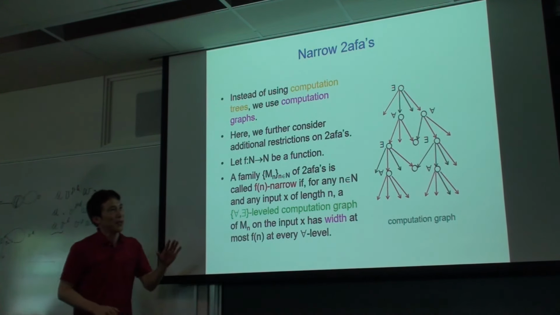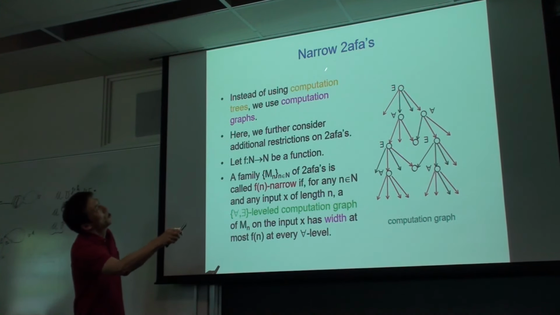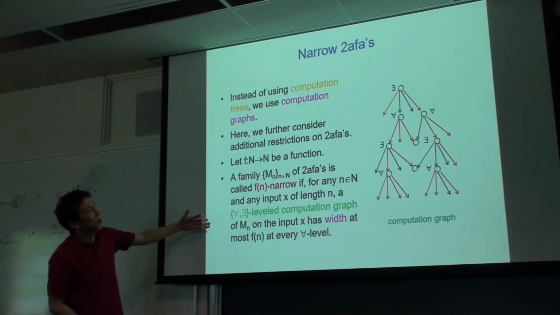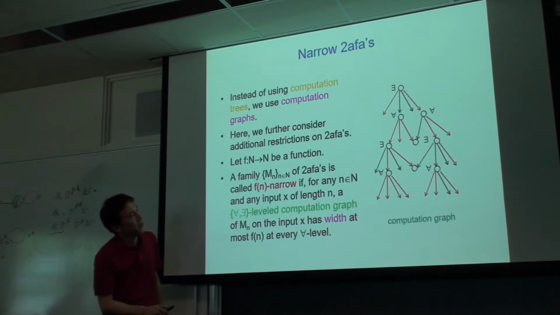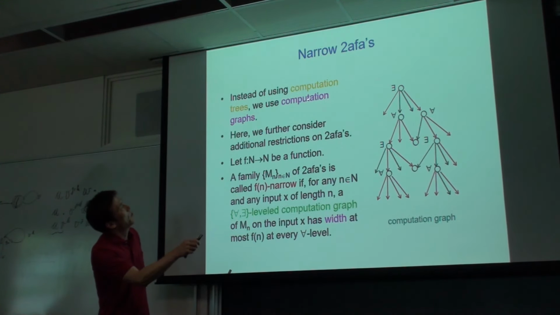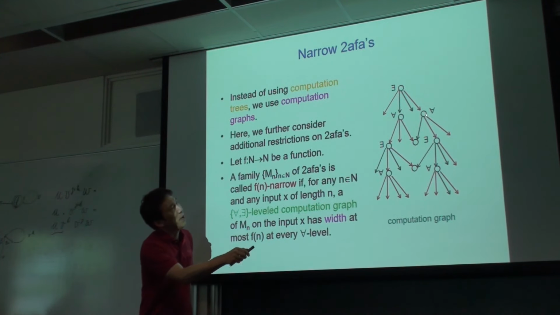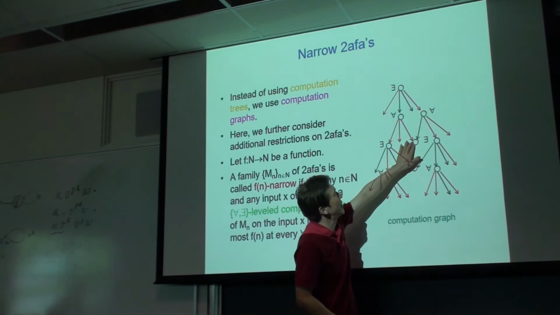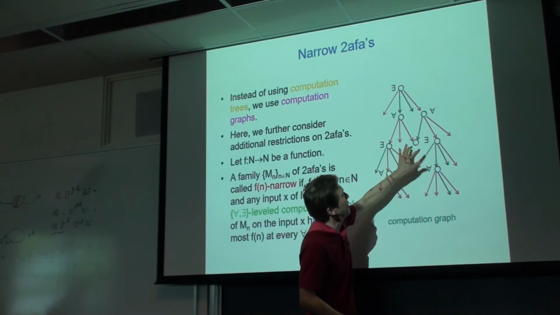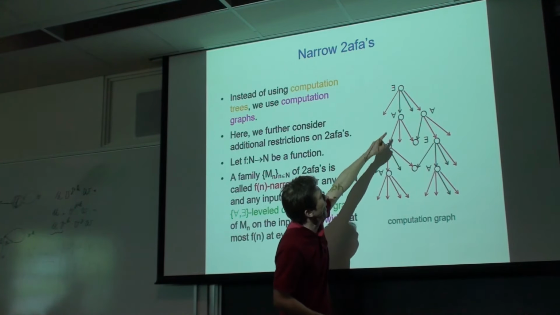Okay. One more thing before showing the final results. This two-way alternating finite automaton is called f(n) narrow. That means I now switch from computation trees to computation graphs, where they can possibly produce the same configuration. We are not treating this as a tree because we are not splitting it into two different configurations; whenever they reach the same one, we just draw it like this.